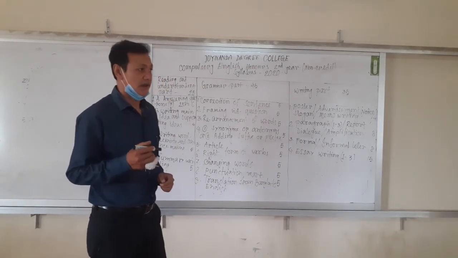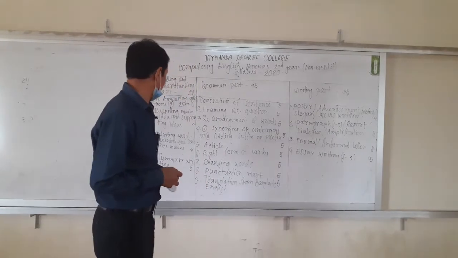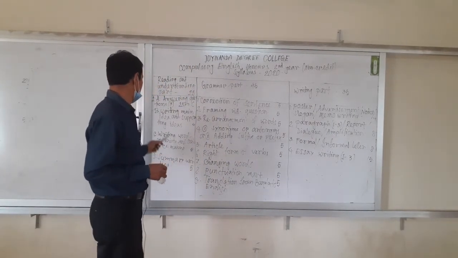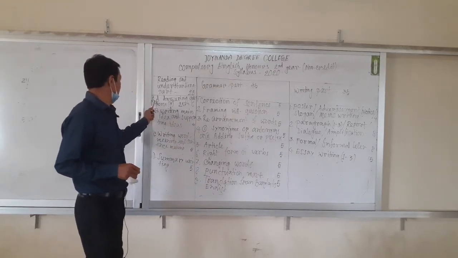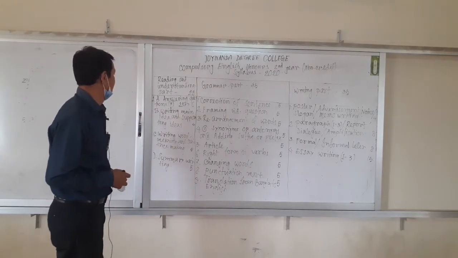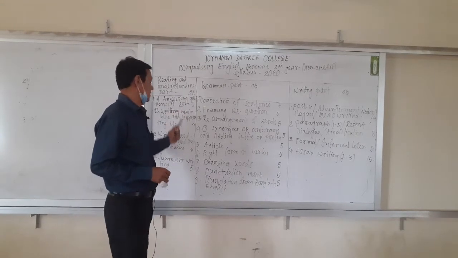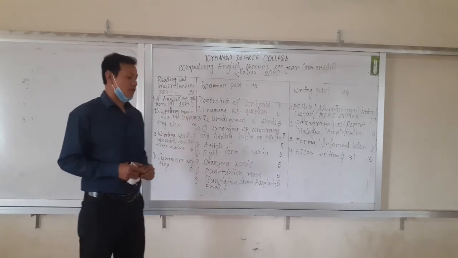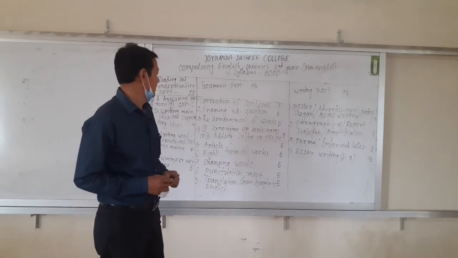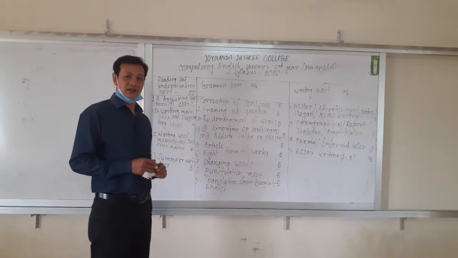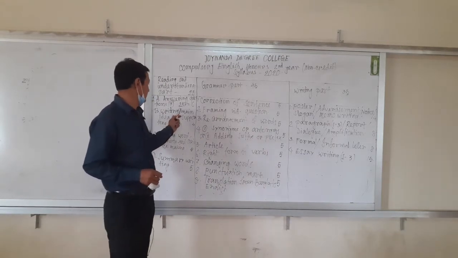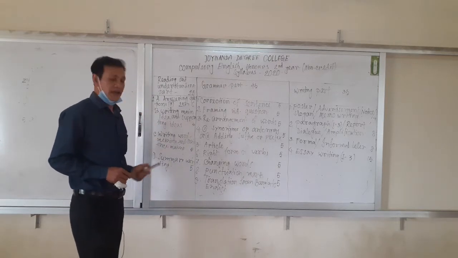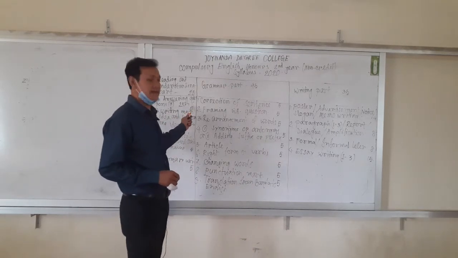On your understanding of the passage, 4 questions will be given, and the questions are: number 1, A, answering questions. 3 questions will be given, and you will have to answer all the 3 questions. Each question contains 2 marks. That means question number A carries total 6 marks.